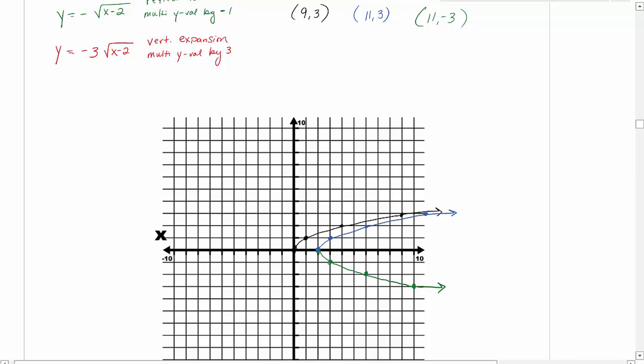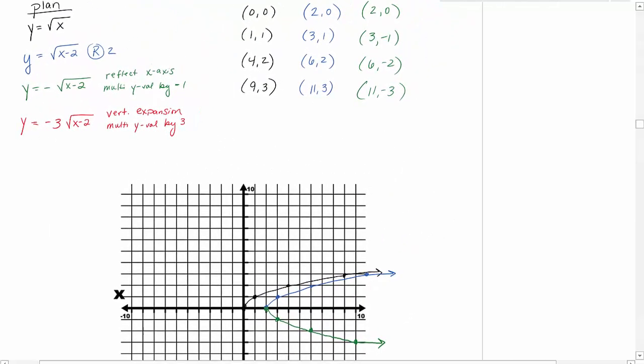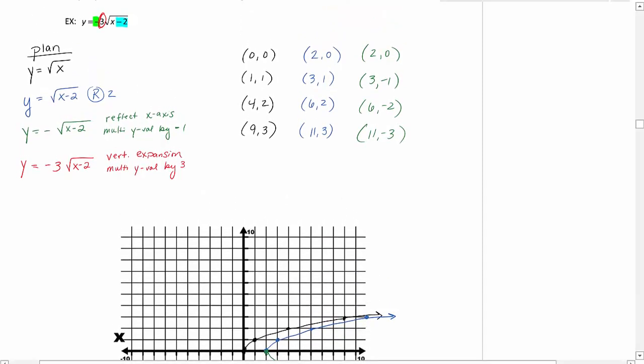One more transformation to go, a vertical expansion. We're going to multiply all the y values from our green points by 3 to get the points for our final graph. That'll give us the points 2, 0, 3, -3, 6, -6, and 11, -9.